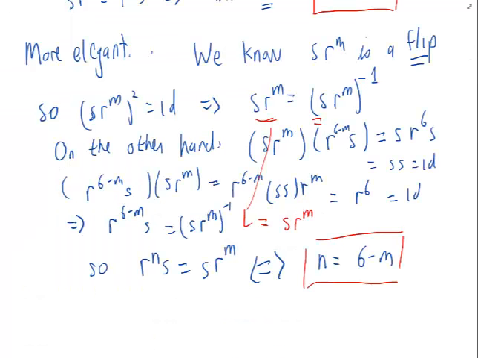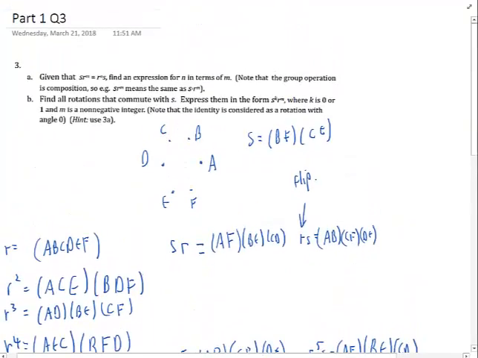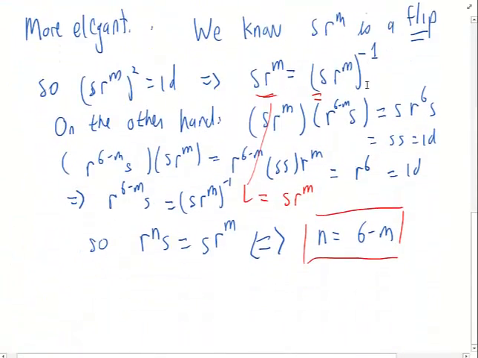All right, now let's look at the next part of question 3, which is find all rotations that commute with s. All right, now I want to use part A. Okay, so part B is find all rotations.